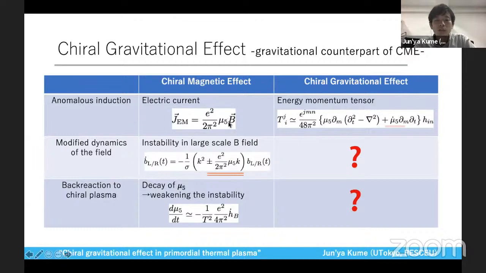In the case of the CME, the anomalous current causes an instability of the gauge magnetic field, and from such growing helicity of the magnetic fields, there is some back reaction on the fermion backgrounds. So let's see what will happen in the case of the gravitational effect: how this EMT modifies the gravitational waves and how they back-react on the fermion background.